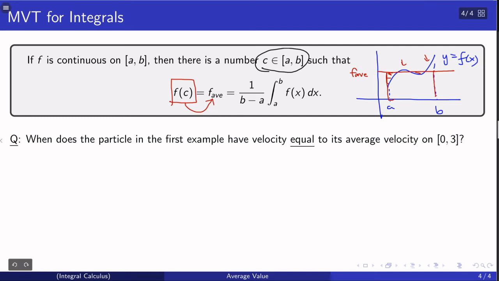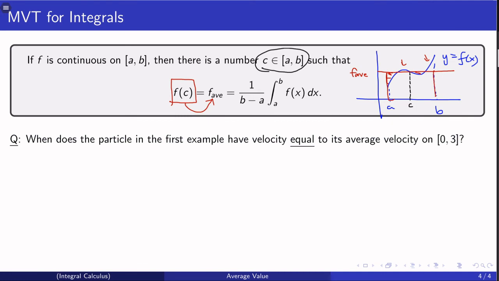Okay, so can I see from the graph here that indeed such a number c exists? So the answer here is yes, right? I just need to take this as my c, for instance.